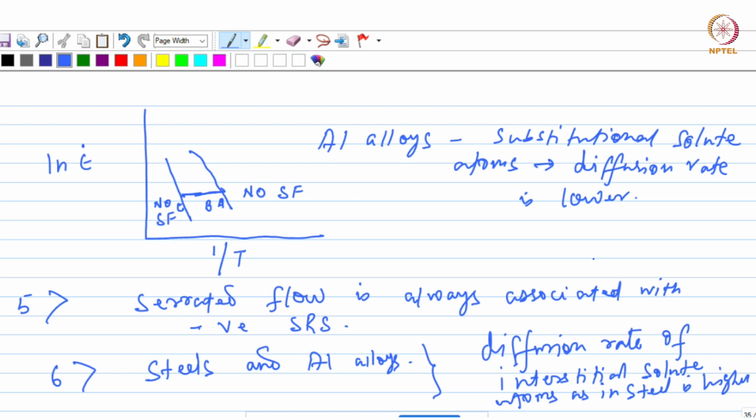So that is characteristic number 6, which is about a critical strain which is required to start the serrated flow.